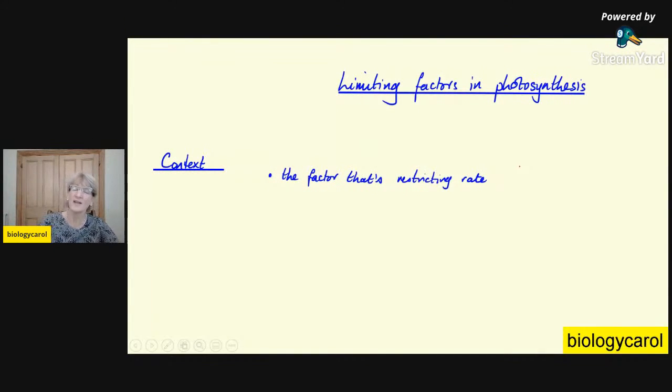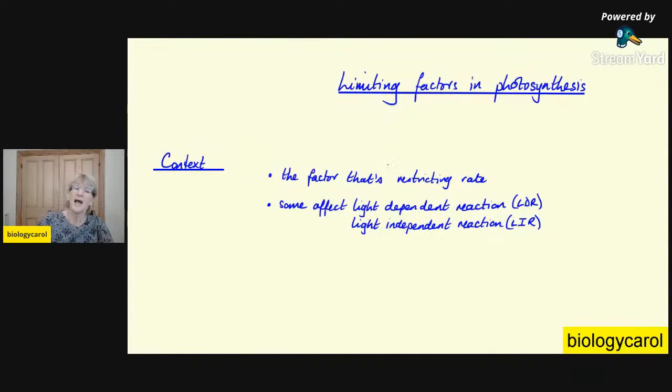So limiting factors are factors that are restricting the rate of photosynthesis. I'm going to do a definition in a minute. And some of them specifically affect the light-dependent reaction, and some of them specifically affect the light-independent reaction. I'm going to go through that too.